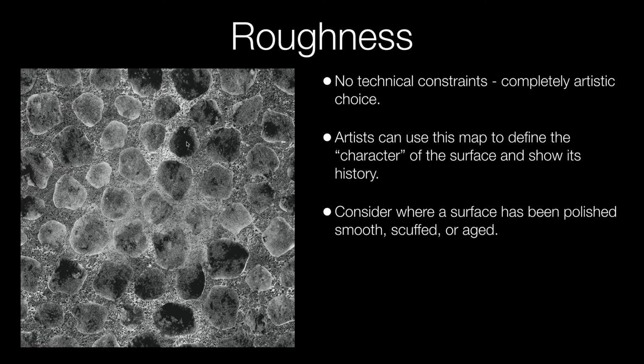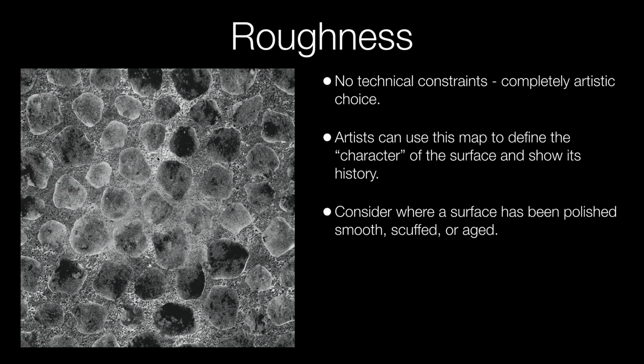When I was creating this roughness map, I actually used some of the height data so that I could make the tops of the cobblestones, where they would be scuffed quite a bit, less rough, and way down in the crevices I made those areas more rough. Basically what you want to think about is what is the history of my object? What kinds of scuffing and wearing and polishing has it been exposed to? And where is it going to be rough and where is it going to be smooth?